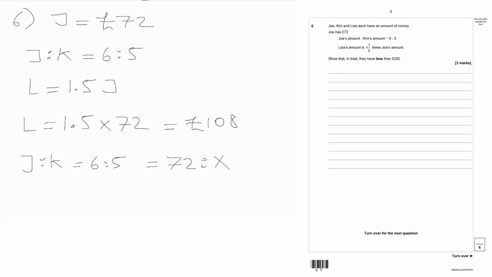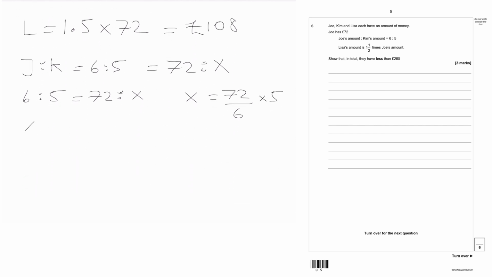Well, in this case, we're saying 6:5 equals 72 to X. Therefore, X equals 72 over 6 times 5. So X equals, 72 over 6 is 12, times 5 is 60. So this means that Kim has £60.